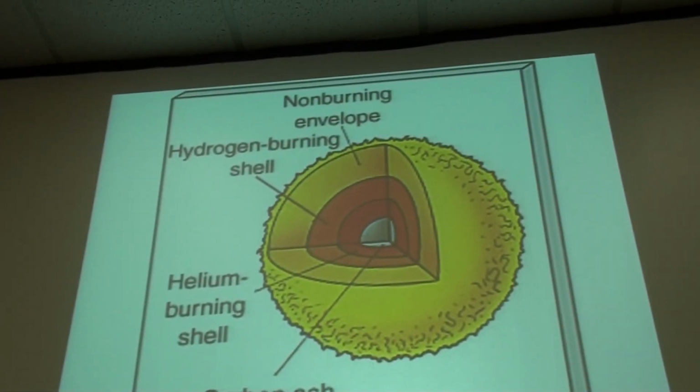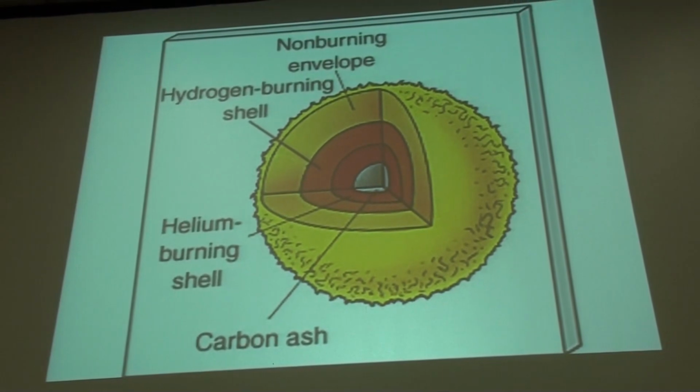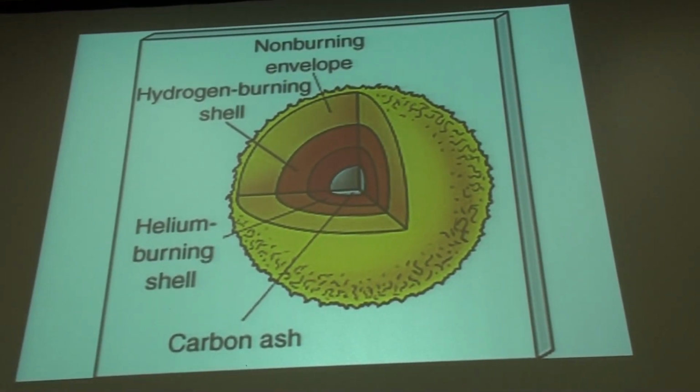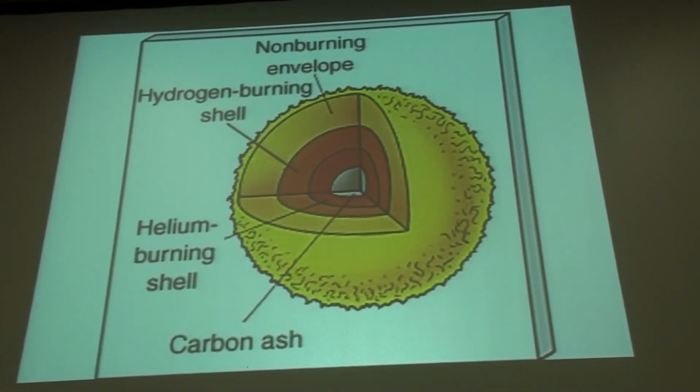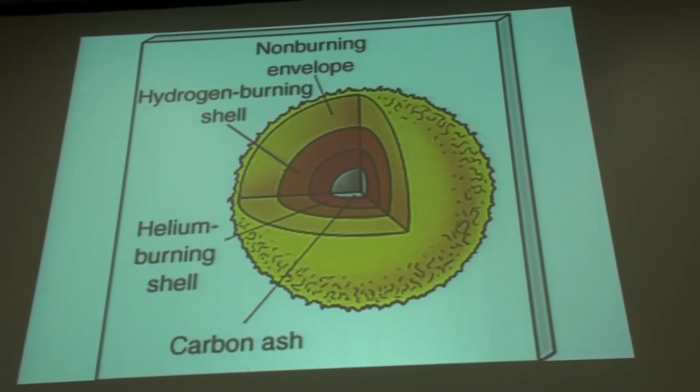So if we look at what the core is doing during this red giant stage, what we see is that there's a carbon core in the center, because that's the waste product from helium fusion. And then surrounding that carbon ash core, we have the helium burning shell. In the helium burning shell, you have 3 helium going into carbon plus energy that we mentioned a minute ago.